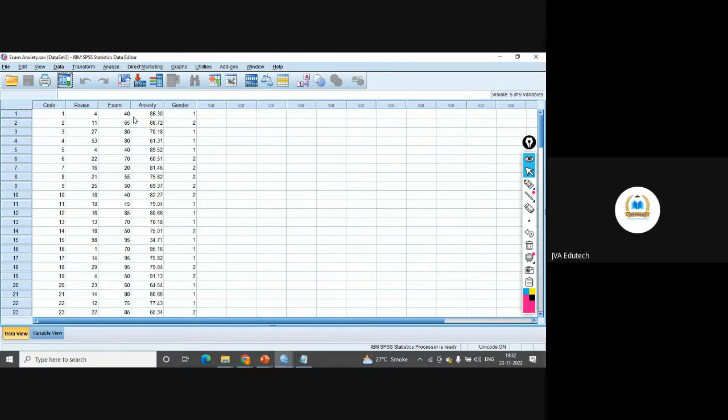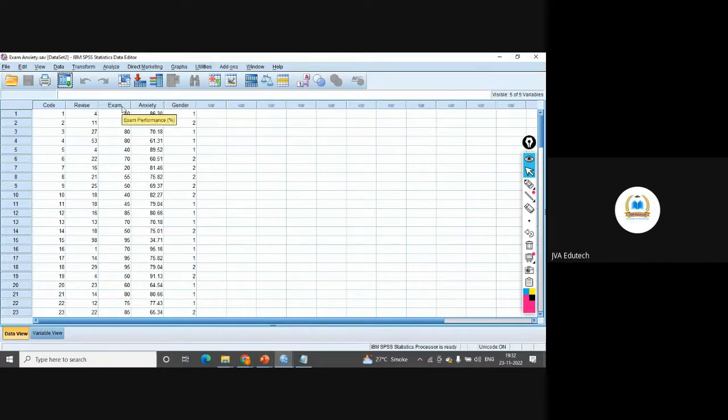So we want to test a relationship, either how exam and anxiety are related, or how exam performance, the anxiety of the student and revision are related. We want to test all these three relationships at once. You can do it in 2 steps, or you can do all that at once.